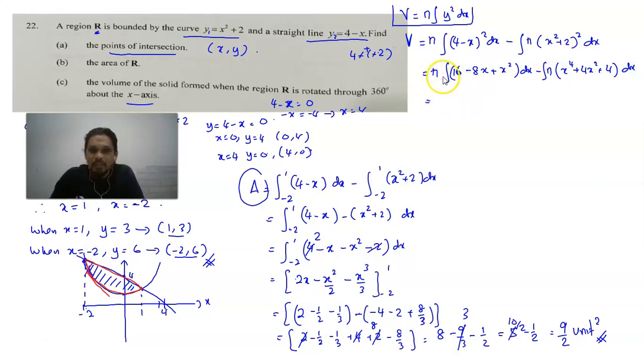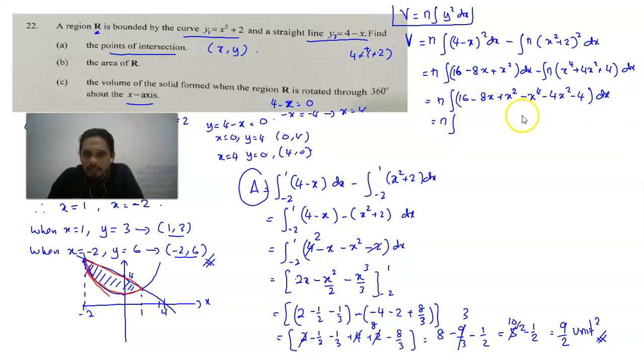Okay, which I think we can put them all together in one. So pi integral of 16 minus 8x plus x squared, negative times x to the power of 4, negative times 4x squared, and negative times 4, dx.